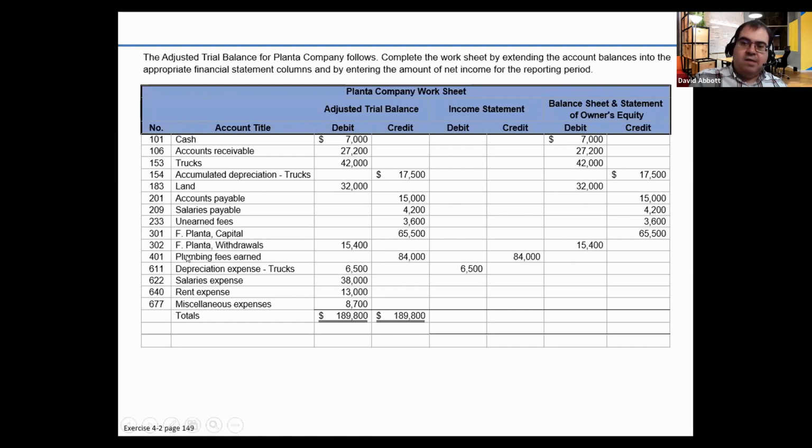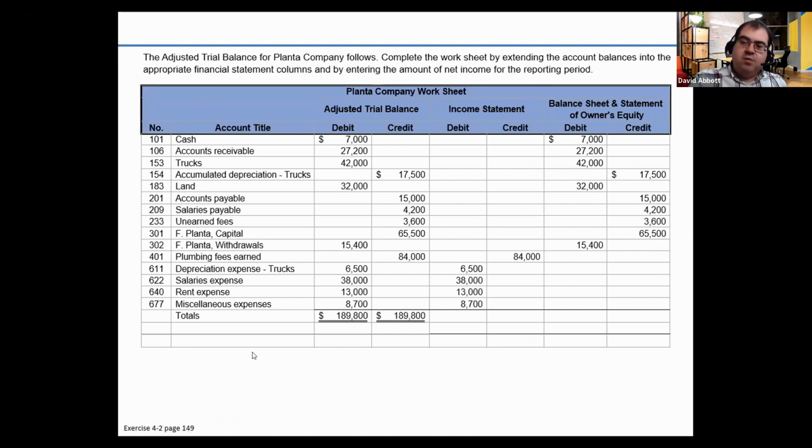Because plumbing fees earned is revenue, we would credit it for the income statement, but all of our expenses would be debits. So the truck depreciation expense would be a debit. Salaries expense is a debit. Rent expense is a debit. And then miscellaneous.